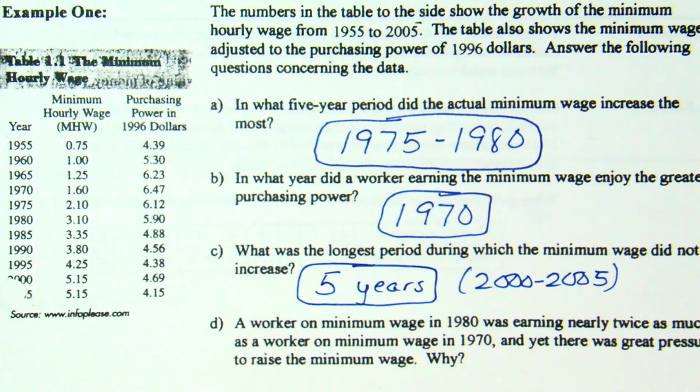Okay. Last question on this chart. A worker on minimum wage in 1980 was earning nearly twice as much as a worker on minimum wage in 1970. And yet there was great pressure to raise the minimum wage. Why?